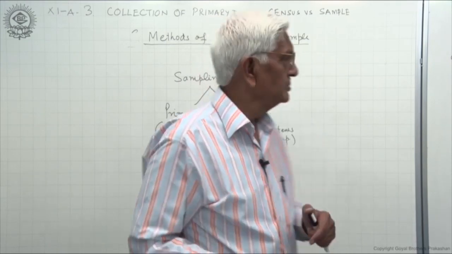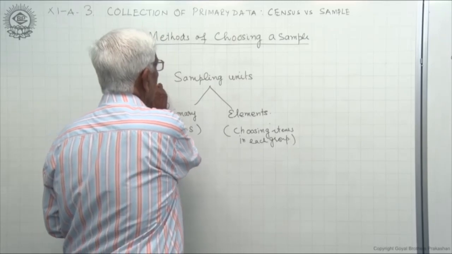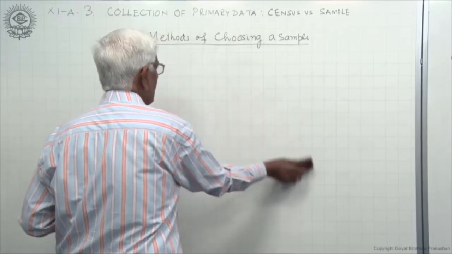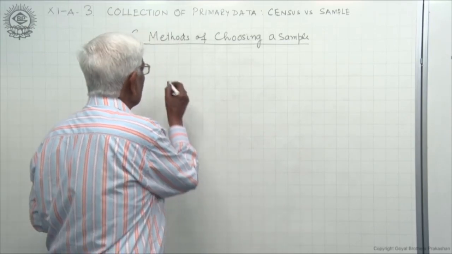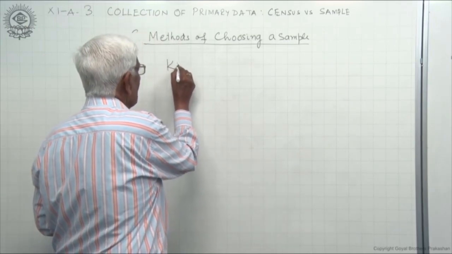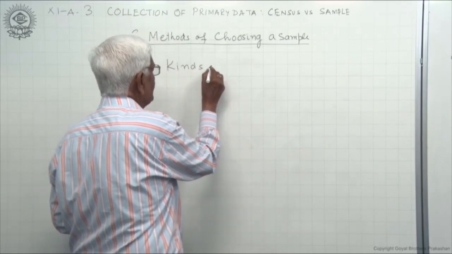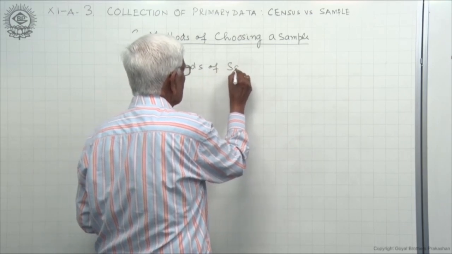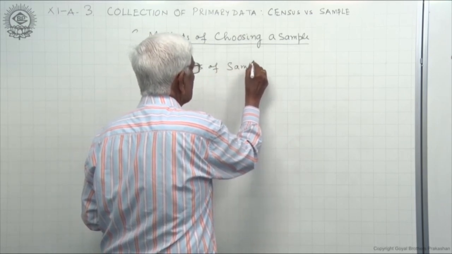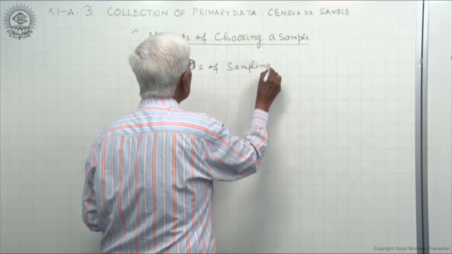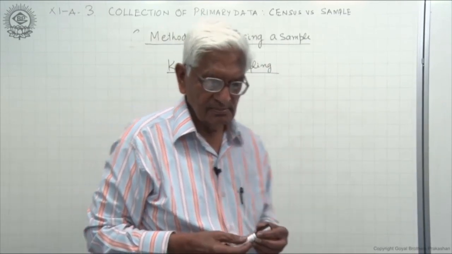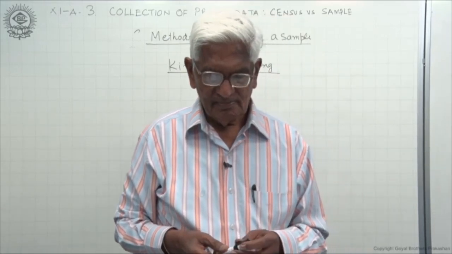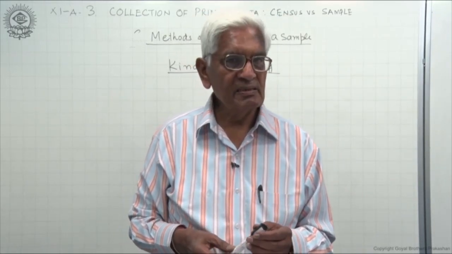Now, we come to another aspect of methods of kinds. Kinds of sampling. What is sampling means?